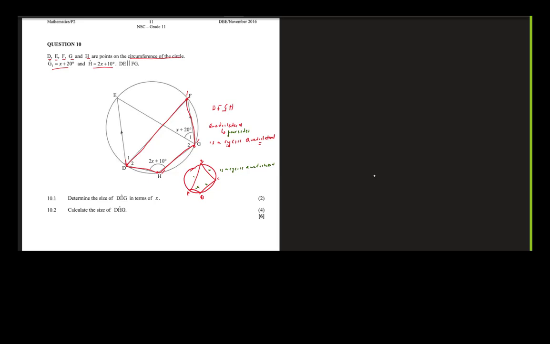If it was something like this. Guys, you have to know a cyclic quadrilateral, especially in Euclidean geometry. If it was something like this, A, B, C, D. So is this a quadrilateral? A, B, C, D. Is it a quadrilateral?